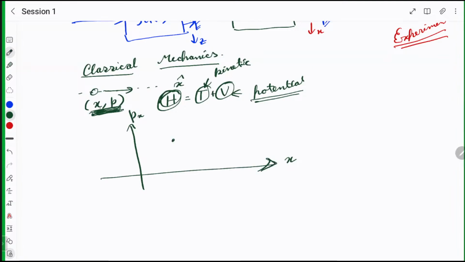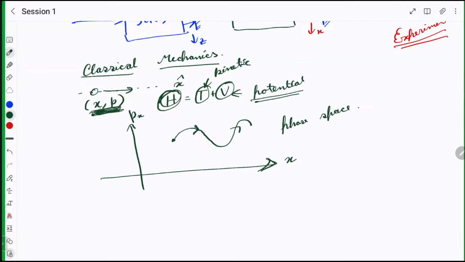This x-p_x plane is known as the phase space, and the state of the particle is just a point in the phase space. With time, the evolution of the particle is traced in this phase space only.